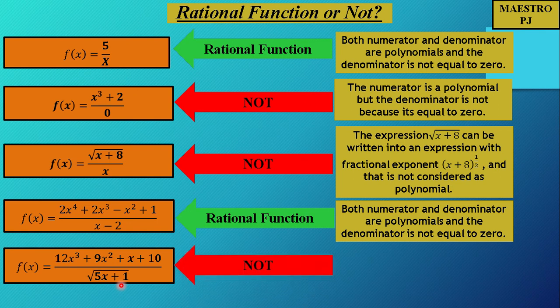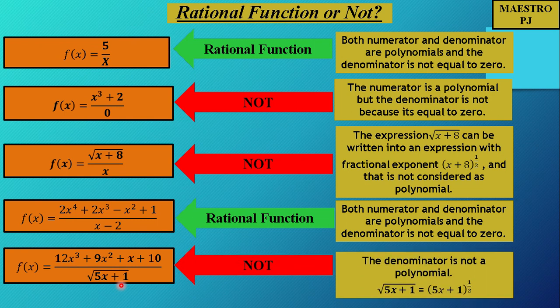It's not an example of rational function because the denominator is not a polynomial. Paano natin nasabi na hindi siya polynomial? Kasi meron tayong expression na pwedeng magkaroon or pwede nating i-express as an expression with fractional exponent.